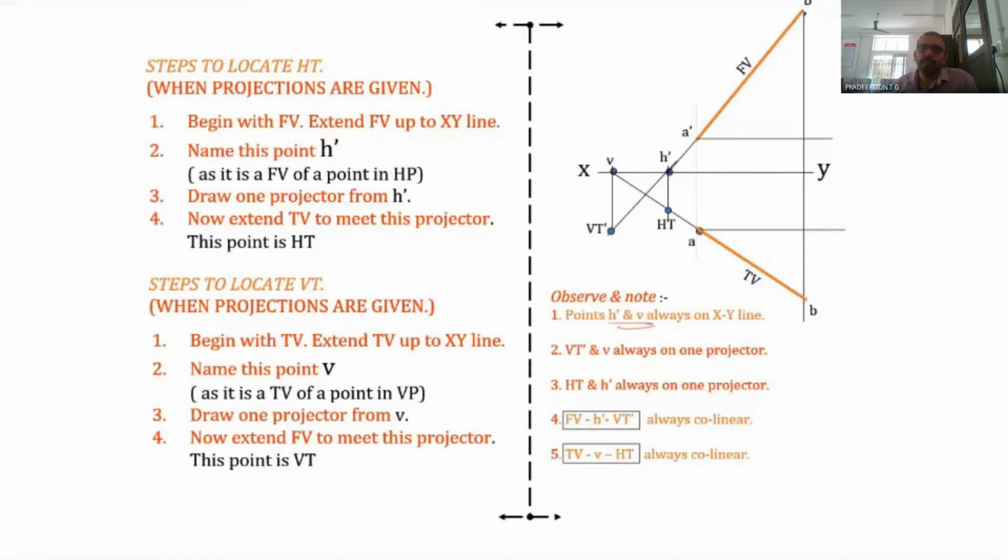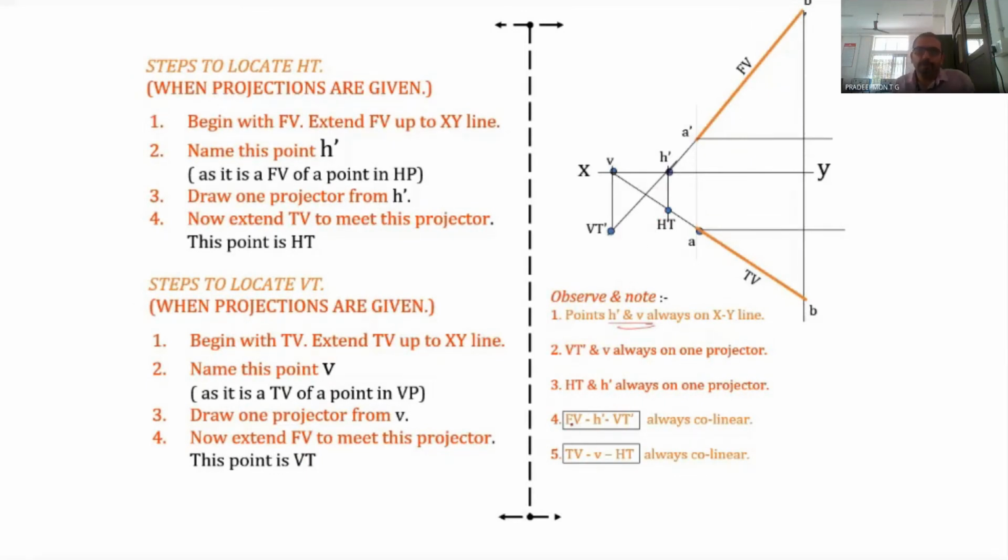Since we know that V and VT dash are projections of the same point, that is the top view and front view of the same point, both are the projections of the same point, so they should be on the same projector. Likewise, H dash and HT are on the same projector, being the projections of the same point.